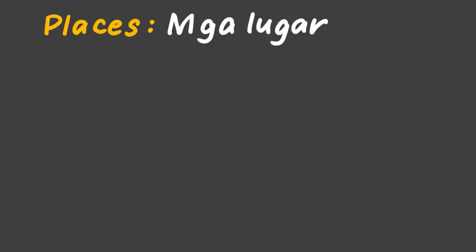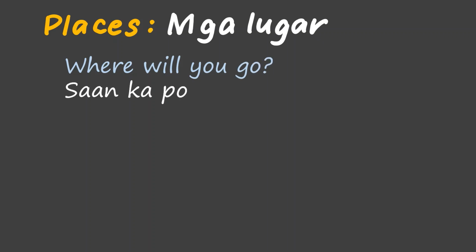Here are some more questions about places or mga lugar, with some more new words for us to learn. Where will you go? In Filipino, saan ka po pupunta? Will go is pupunta. You is ka. Next sentence.